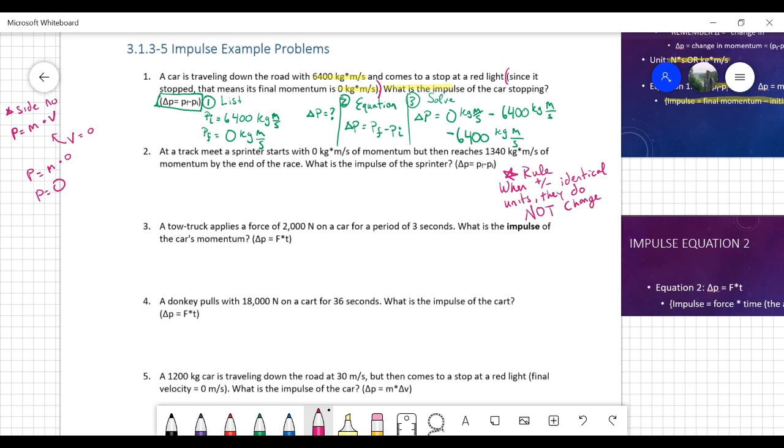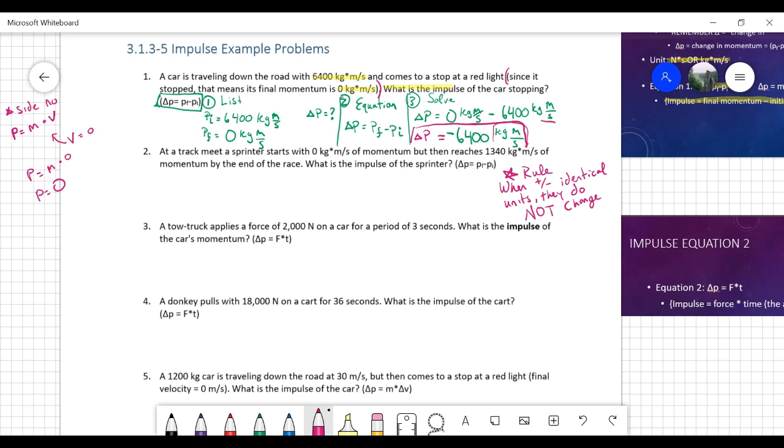Okay? So this and this are identical, therefore we don't do anything to it. We just keep it exactly the same. So that's all that rule is saying. When you're adding or subtracting, nothing changes. It stays the same. Okay? And we just bring down our delta P, and there you go. That's our answer. Delta P is equal to negative 6,400 kilograms meters per second.